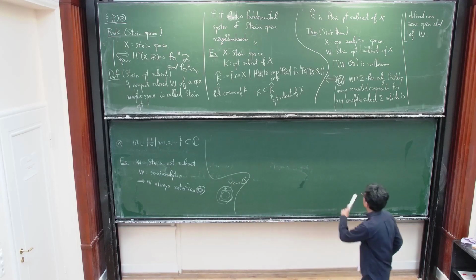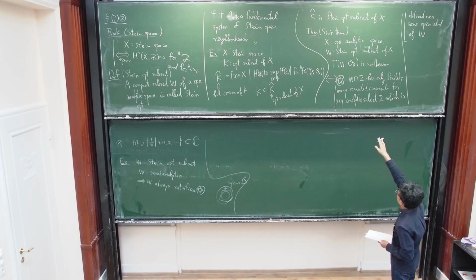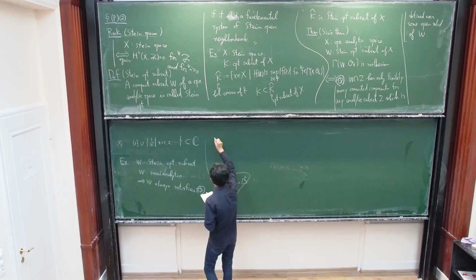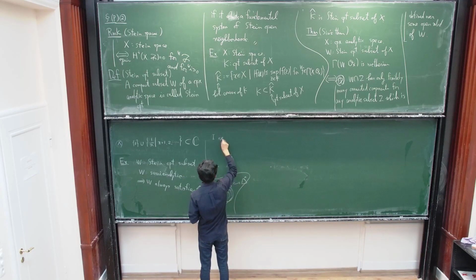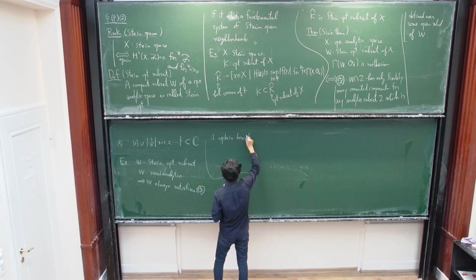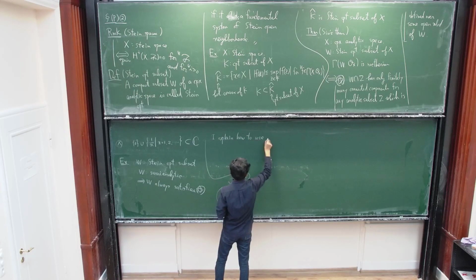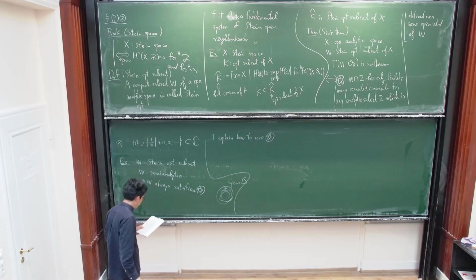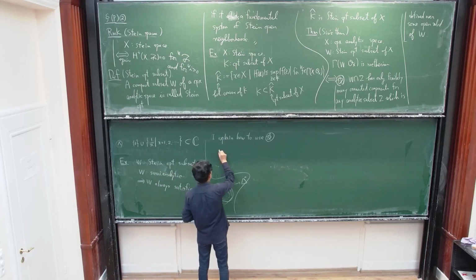From now, I would like to explain how to use this condition star. This is mainly due to Nakayama. First, let us define the cycle space.